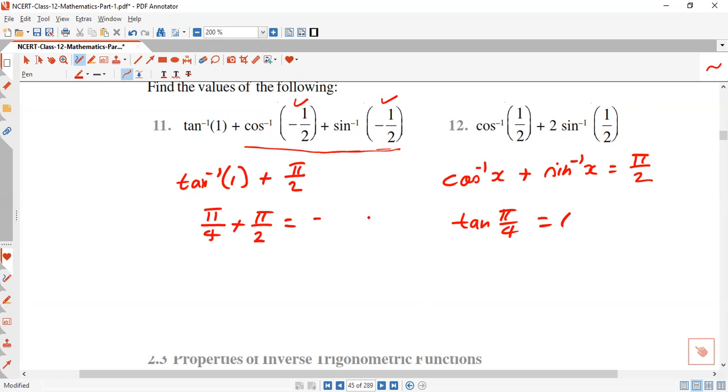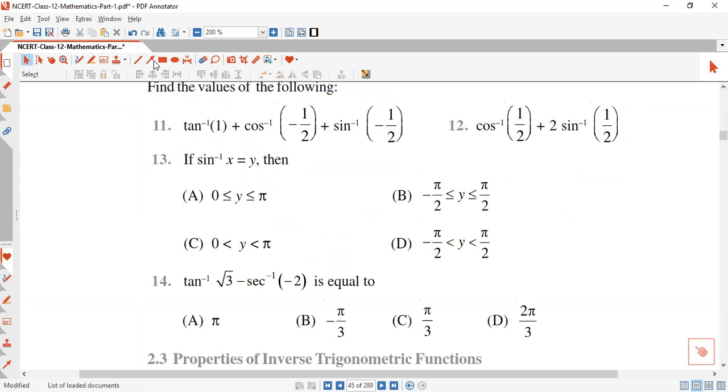If we take the LCM 4, what are we getting? Pi plus 2 pi, that comes out to 3 pi by 4. 3 pi by 4 is the answer. I use here the property cos inverse x plus sine inverse x equals pi by 2 and combine these two.